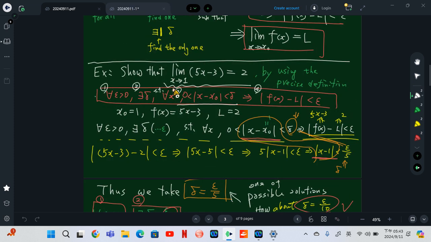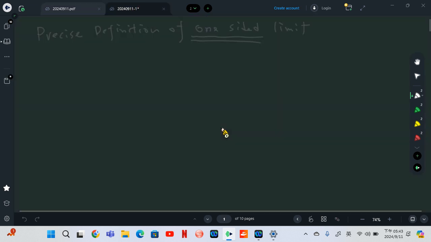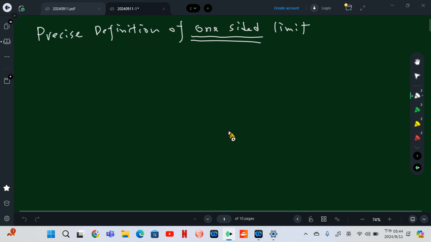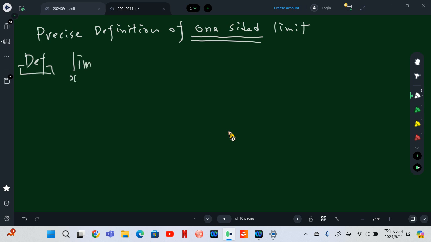So we can slightly adjust this one to get the precise definition for the one-sided limit. So, for example, when we define limit as x approaches x0 plus of f(x) is equal to L, plus means from the right-hand side.